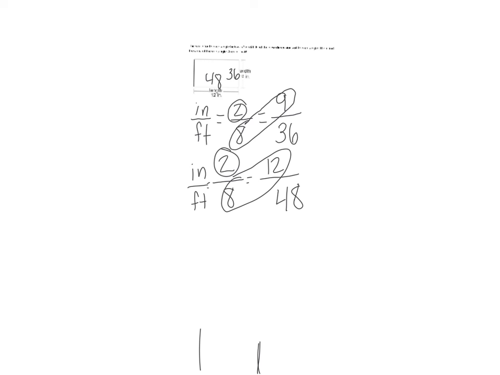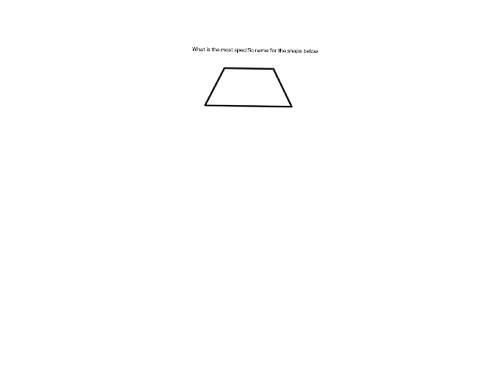Now to find the area of the rectangle in feet, all I have to do is length times width, which is 48 times 36, which equals 1,728 feet.